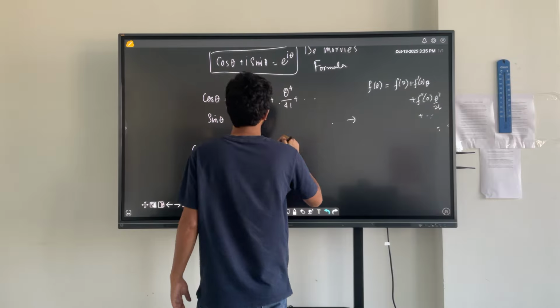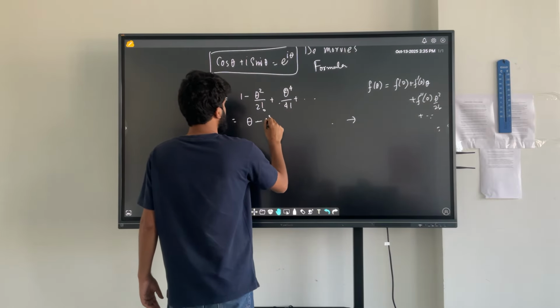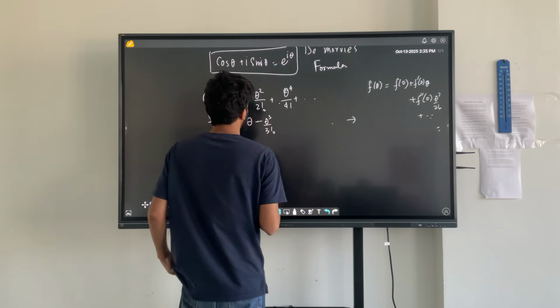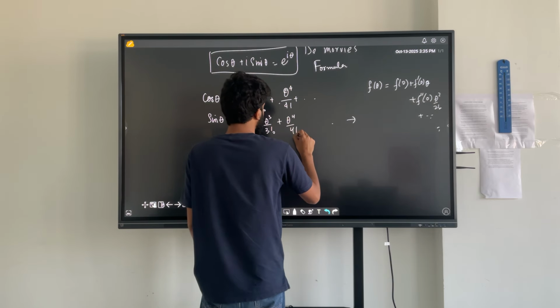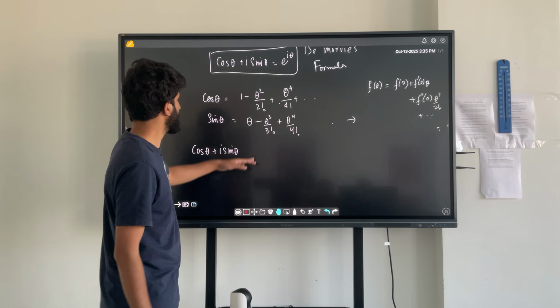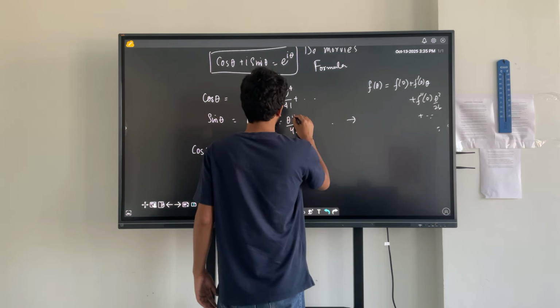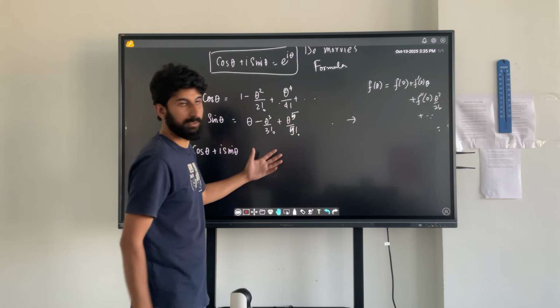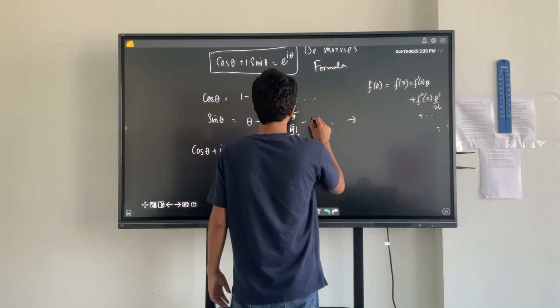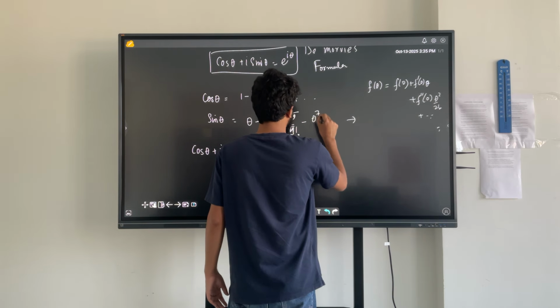Alternate minus signs. Minus theta cube by 3 factorial, plus theta to the power 4 by 4 factorial, then odd power, theta to the power 5 by 5 factorial. Then minus theta to the power 7, plus.